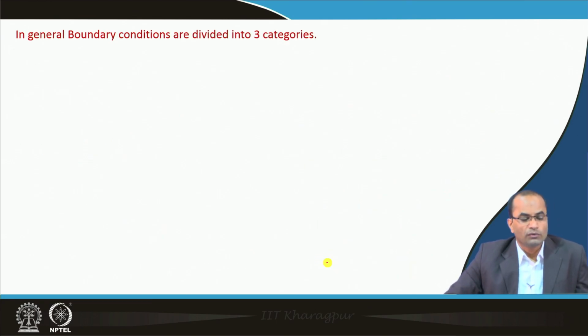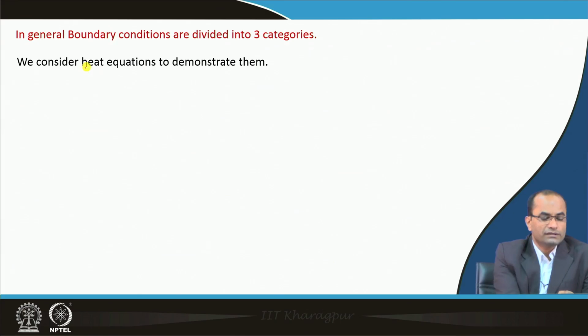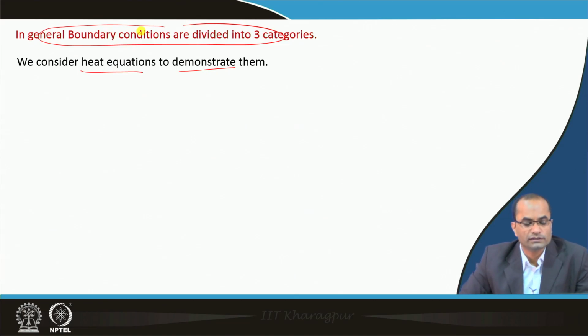In general, these boundary conditions are divided into 3 categories, and we will consider them with the help of the heat equation. We will demonstrate all 3 types of boundary conditions using the heat equation, but the idea can be applied to the wave equation, for instance, or the steady state heat equation or the Laplace equation.